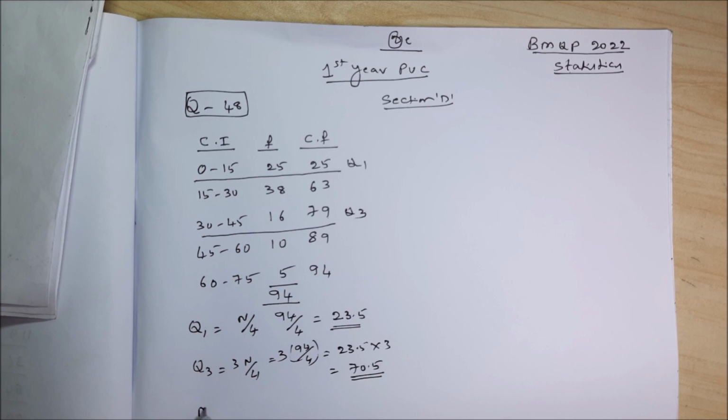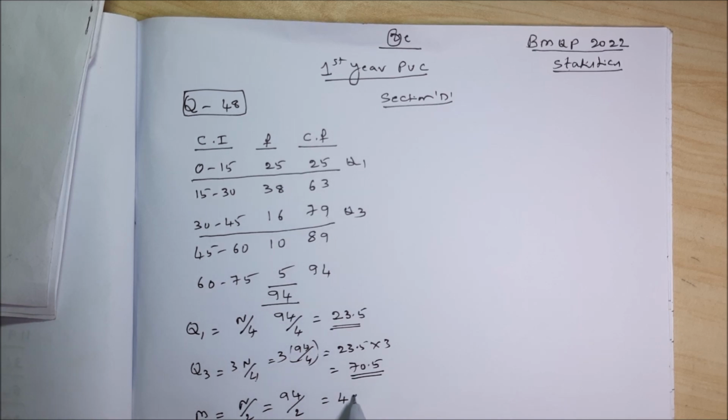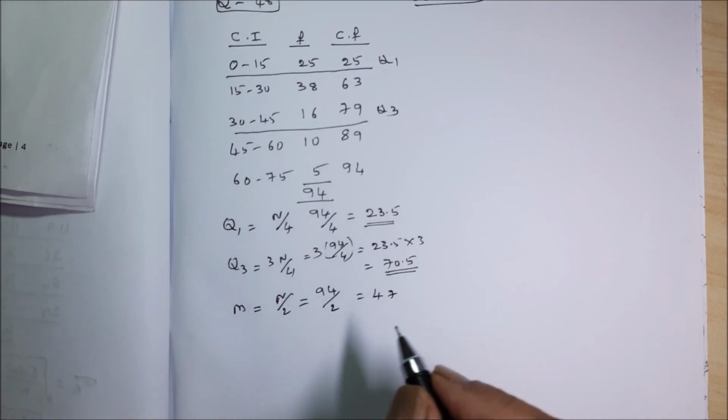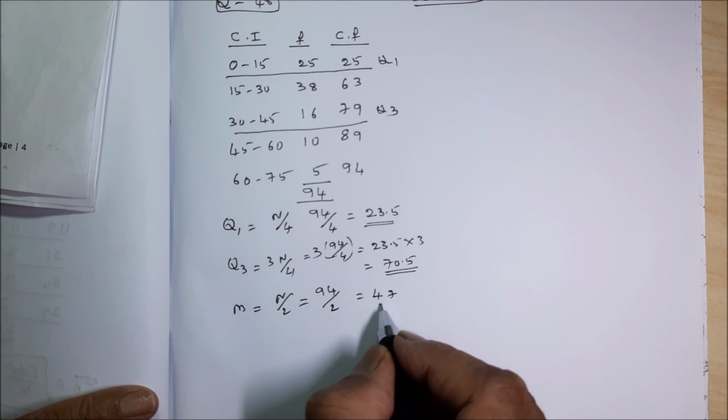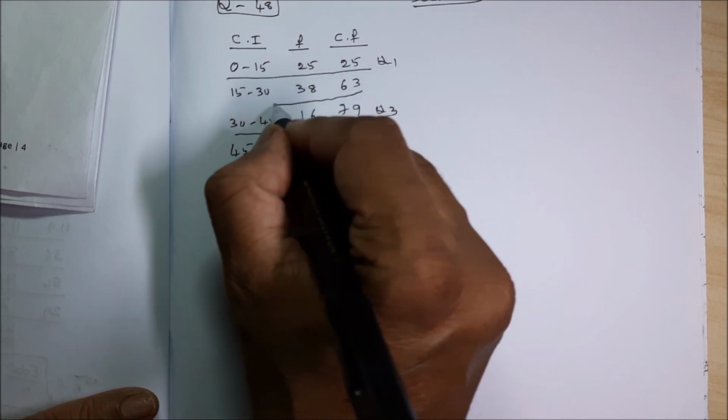Then median or Q2, whatever it is, n by 2. N by 2 is 94 divided by 2, which is 47. So where will you get that 47? You will get it under here.